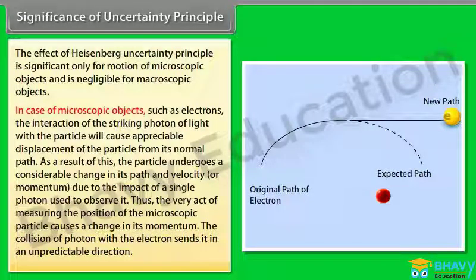As a result, the particle undergoes a considerable change in its path and velocity or momentum due to the impact of a single photon used to observe it. Thus, the very act of measuring the position of the microscopic particle causes a change in its momentum. The collision of the photon with the electron sends it in an unpredictable direction.